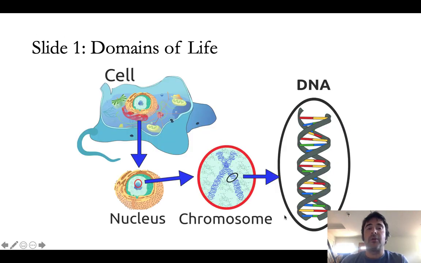So when you think about domains of life, there are three major domains, two that we're going to focus on in this class. You have eukarya and prokarya, or eukaryotic cells or organisms and prokaryotic cells or organisms. When you think about eukaryotic organisms, here we have a plasma membrane, and what we're looking at are the internal contents of the cell, and we see the internal contents of the cell are compartmentalized by these little things called membrane-bound organelles.